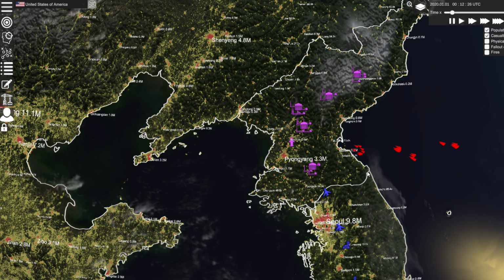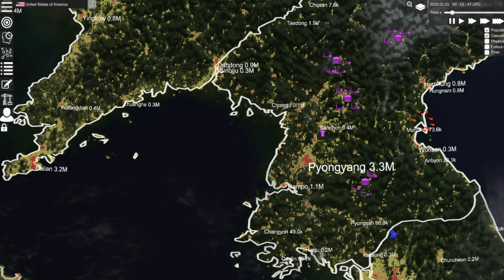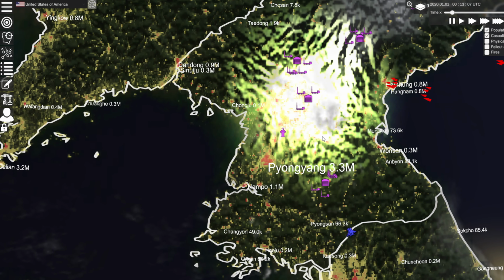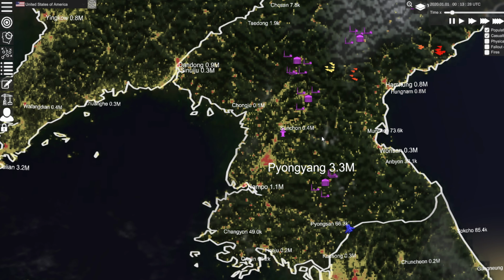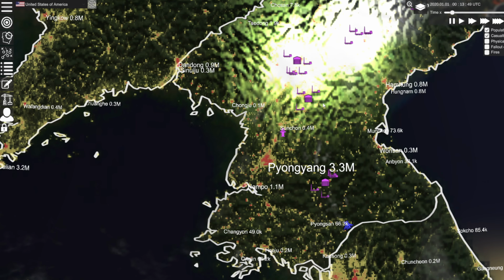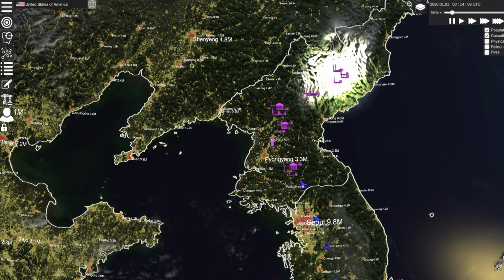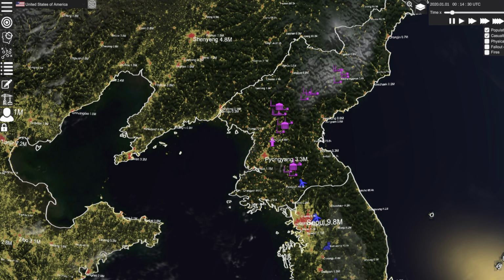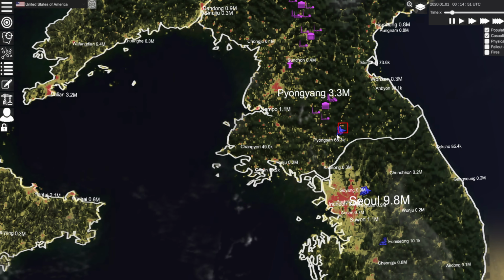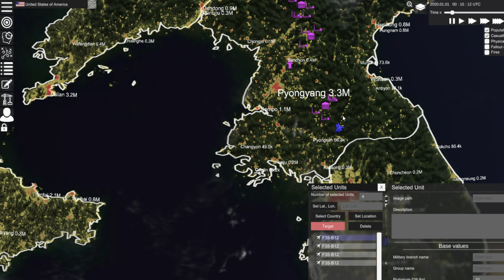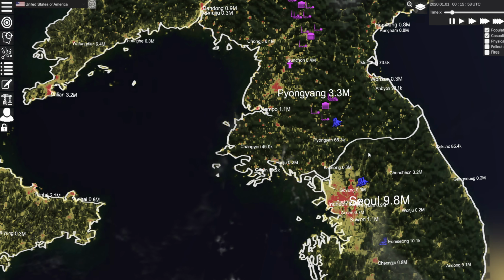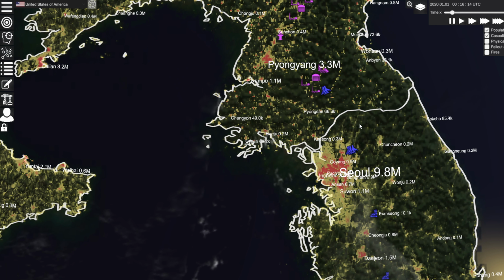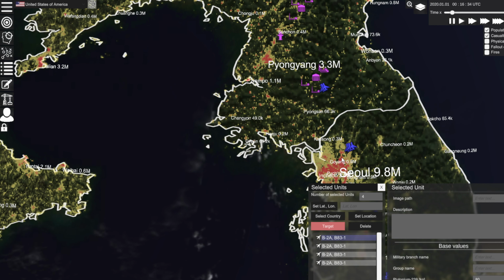And we're about to see the impacts. The North Korean missile fields to the northeast of Pyongyang. We also have F-35s coming in as well, launching, I would presume, nuclear strikes as well.